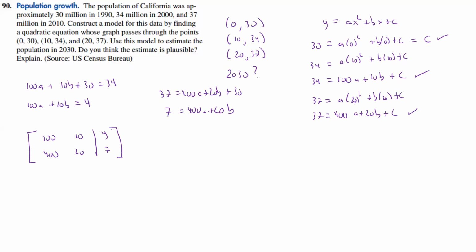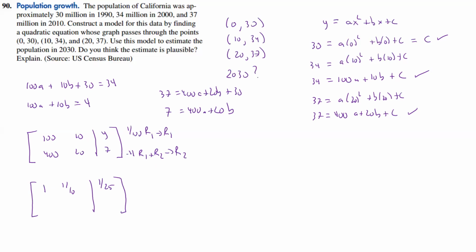Now what are we going to do? Well, I'm going to take 1/100th of row 1 and make that row 1. And I'm also going to take minus 4 times row 1 plus row 2, and that's going to be my new row 2. So 1/100th of that is going to be 1, and that's going to be 1/10, and basically 4 over 100, so 1 over 25.